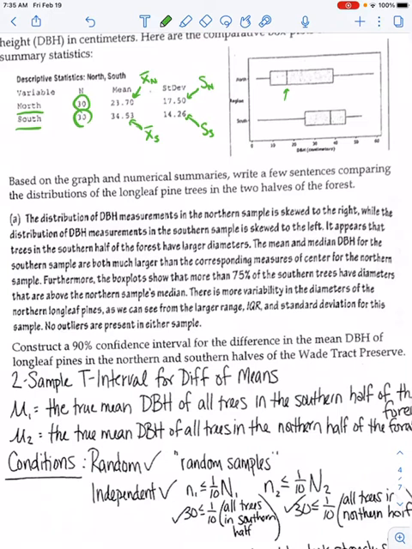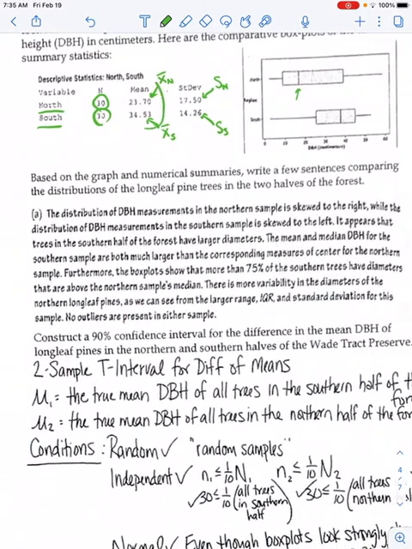It appears that the trees in the southern half of the forest have larger diameters. I'm comparing those 2. Have larger diameters. And then I'm going to say why. The mean and the median DBH for the southern sample are both much larger than the corresponding measurements for the center of the northern sample.